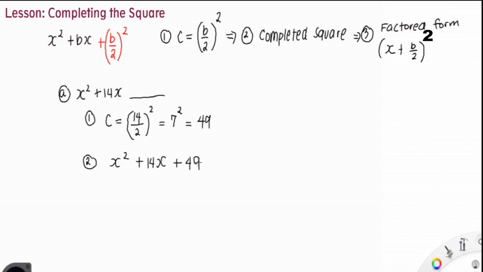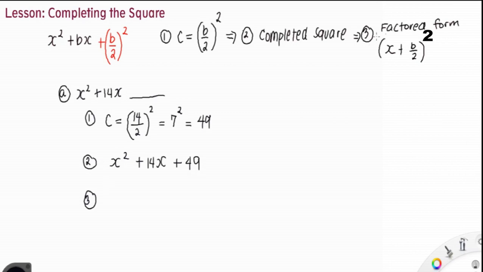So, we already completed the square. For the third step and the last step, we need to get the factored form of this expression. Once again, the reason why we applied this first step is to make the expression a perfect square trinomial. I believe that this expression is a perfect square trinomial.